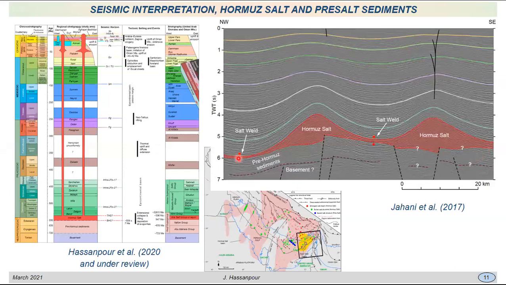So we specifically used this line and tried to follow the top and base reflectors of the Hormuz Salt toward the study area, because as you can see, the line is very close to the western termination of the study area.